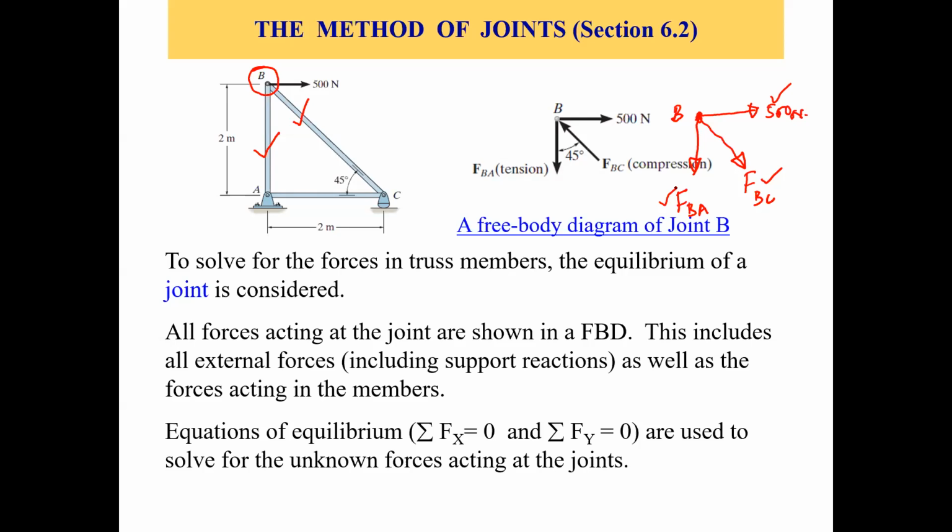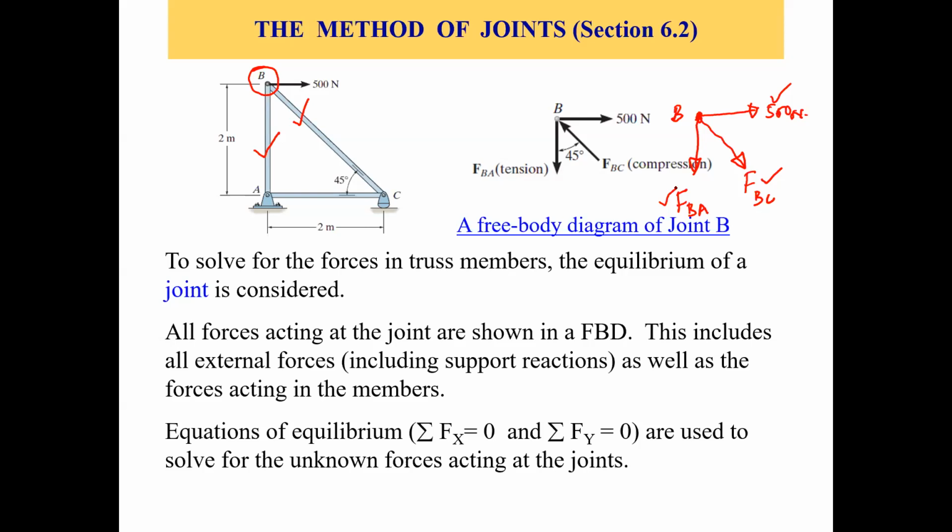FBA, it's also pulling the joint B. So this is also a tension force or tensile force, right? And then in the end, if we get a positive number, it means that our assumption was correct, right? And if we get a negative number, then it means that it was not a tension force, it's a compression force. So we can put an opposite arrow to show the compression, right?